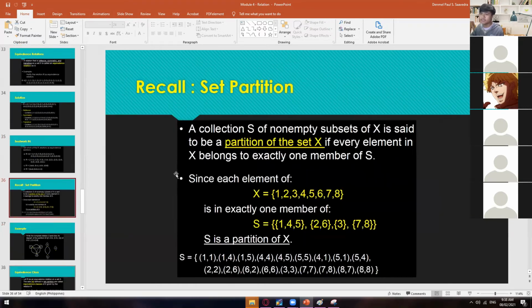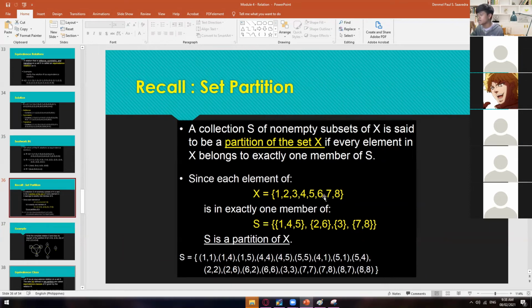And then recall set partition. A collection S of non-empty subsets of X is said to be a partition of the set X if every element in X belongs to exactly one member of S. As you can see right here, we have an X having elements 1, 2, 3, 4, 5, 6, 7, 8.